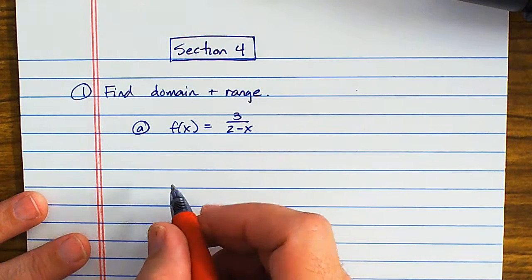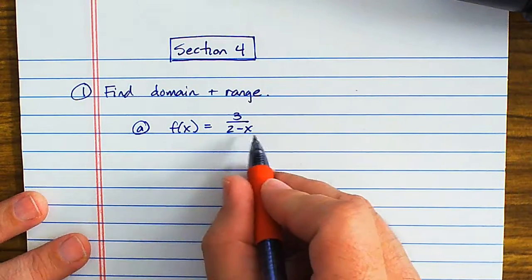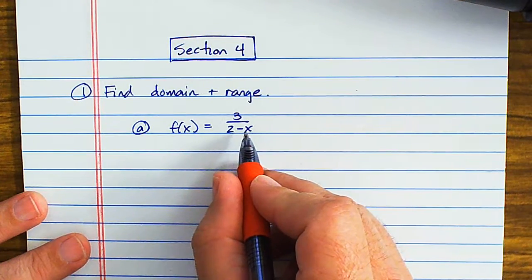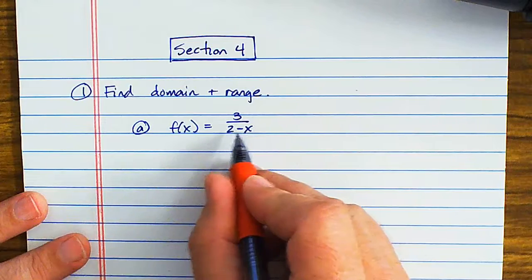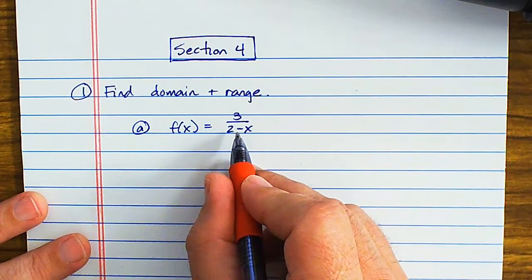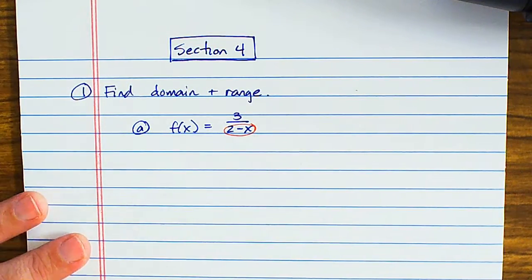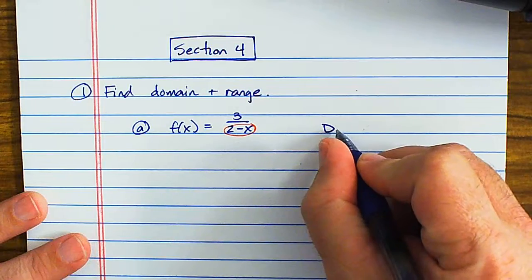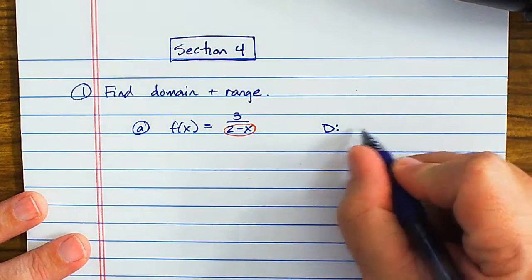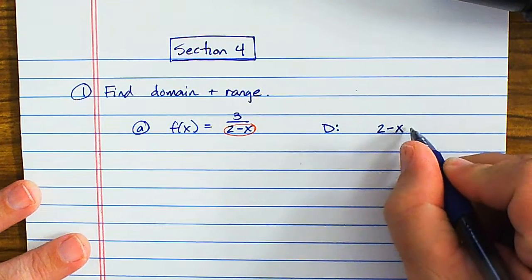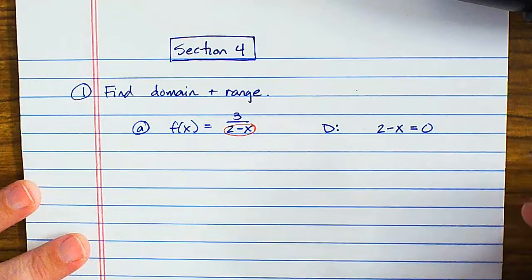So let's start with the domain. The domain means all of the x values, and what you need to remember with the domain is that we cannot have 0 as a denominator. So if I just look at the bottom here, and this is my domain work, I'm going to create a little space. I know that 2 minus x cannot equal 0.